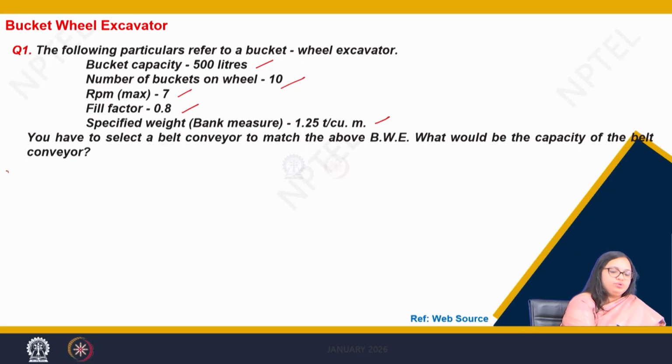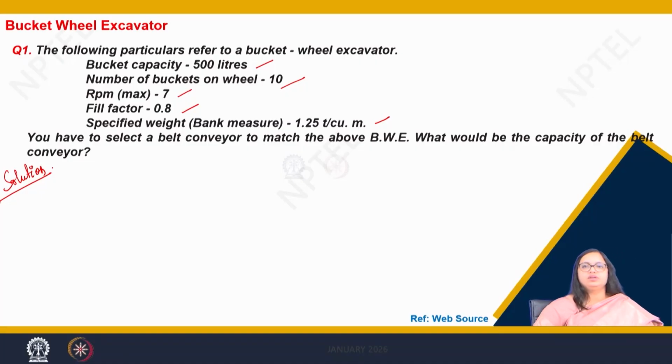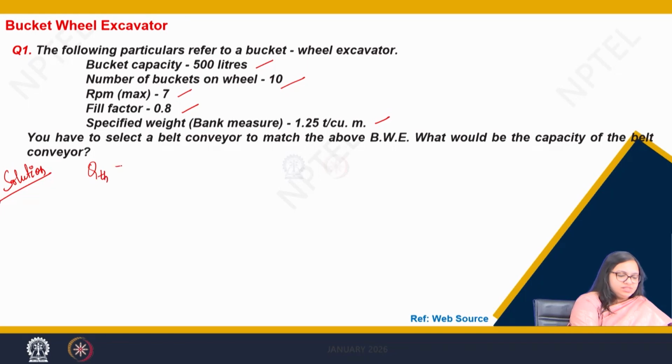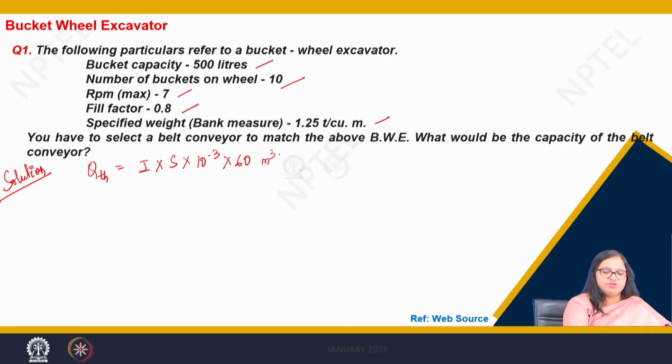Now, how do we know that? First of all, we should know the theoretical capacity of a single bucket for this bucket wheel excavator. How do we know that? The theoretical capacity is given as I multiplied with S multiplied with 10 to the power minus 3 multiplied with 60, that gives us meter cube per hour for the loose measure.